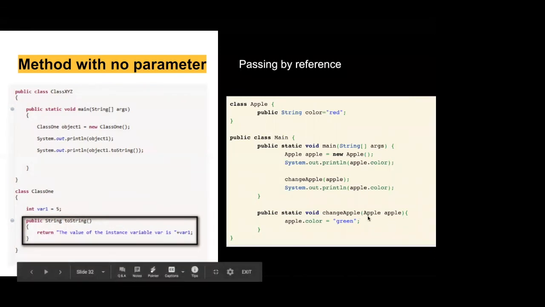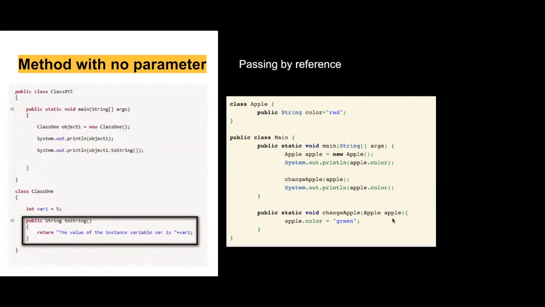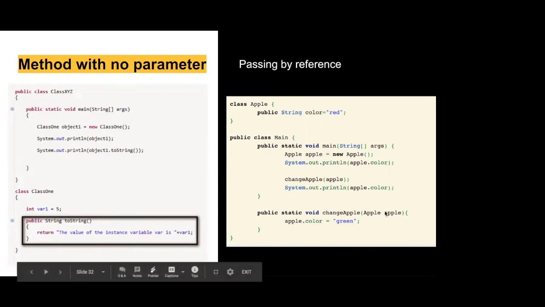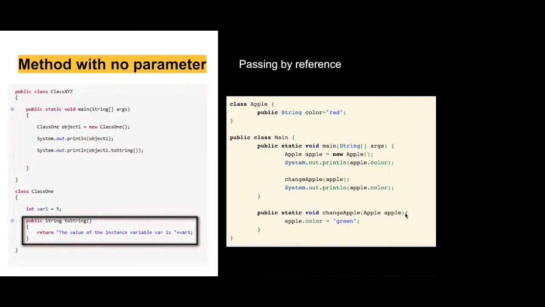The first Apple is the name of the class, and the second apple is the name of an Apple object of the Apple class, which is capital A.